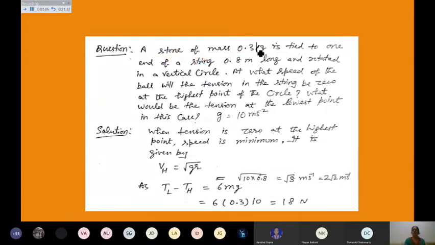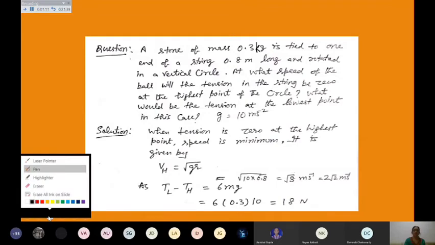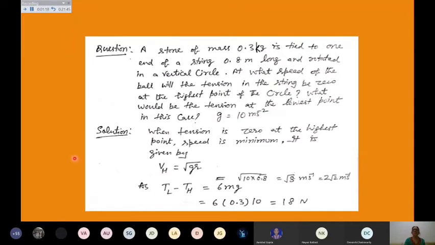A stone, I'm changing the value here, let the mass be 0.3 kilogram, but of course it will become very heavy. And it is tied to the end of a string 0.8 meter long and rotated in a vertical circle. At what speed of the ball will the tension in the string be 0 at the highest point?